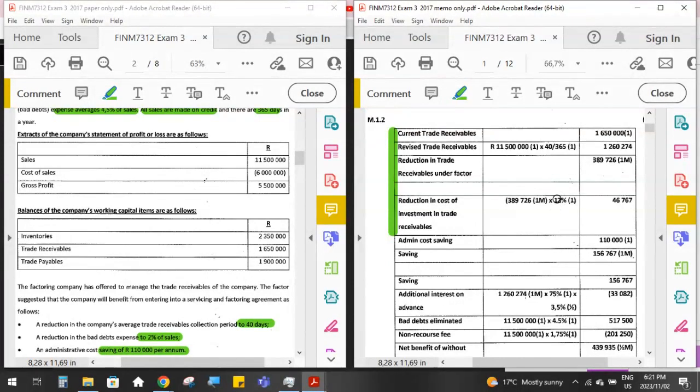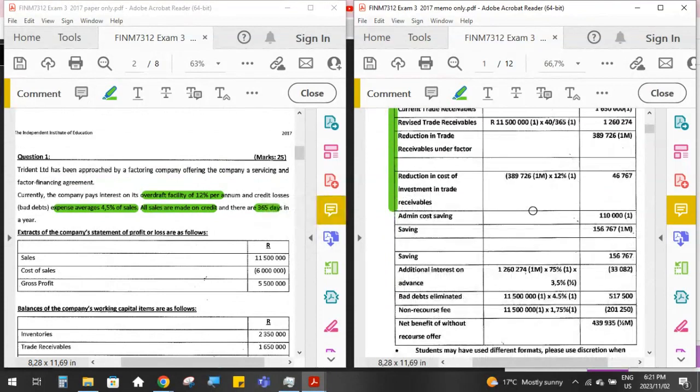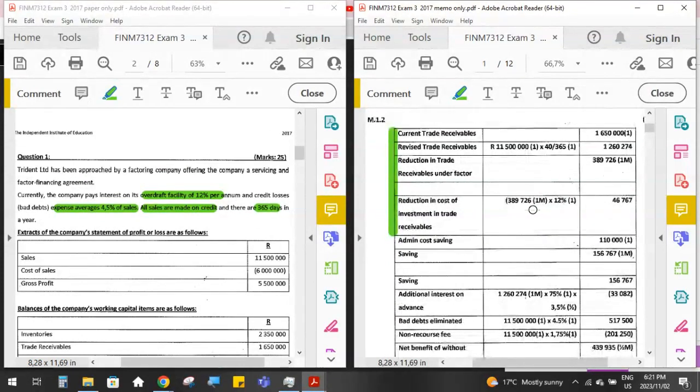And if we multiply that amount by 12%, which is our cost of, we have to fund this investment in trade receivables through our overdraft facility, which costs us 12% per annum.